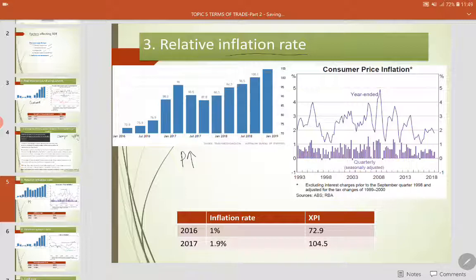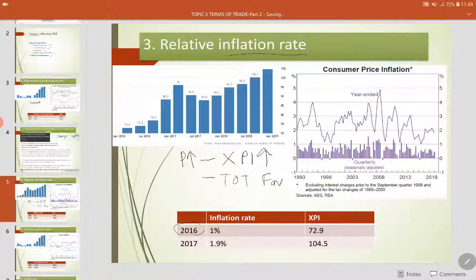So when price level increases, our export price index will also increase. Recall that when XPI increases, TOT will be favorable.